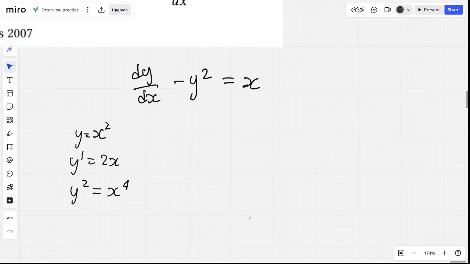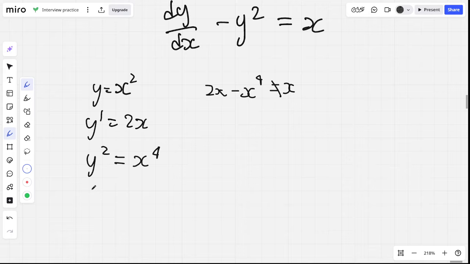Now everything is zoomed in, so this is very annoying. But I'm going to use my cursor. I will get 2x minus x to the 4 is equal to x, and this is clearly not true.